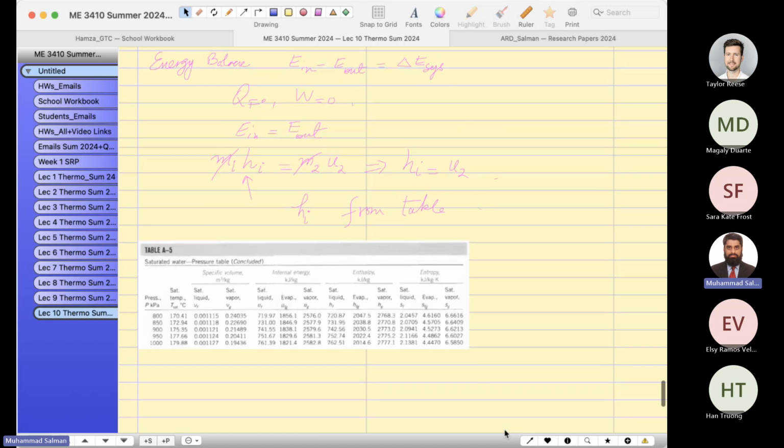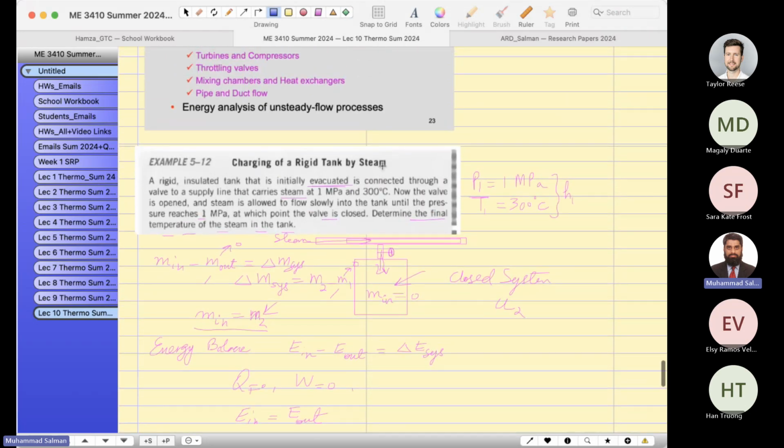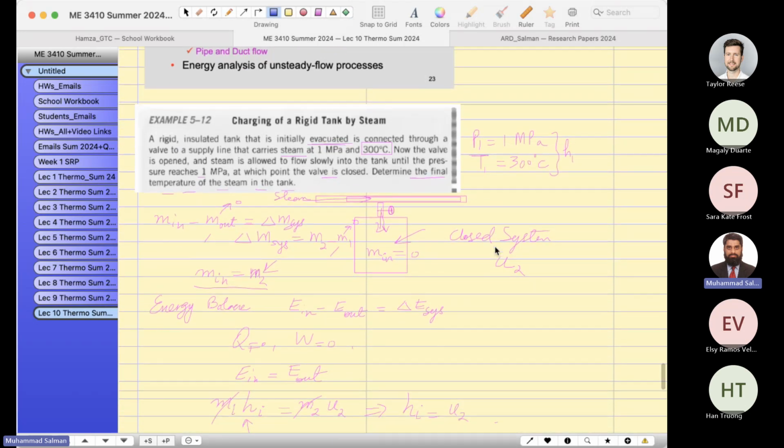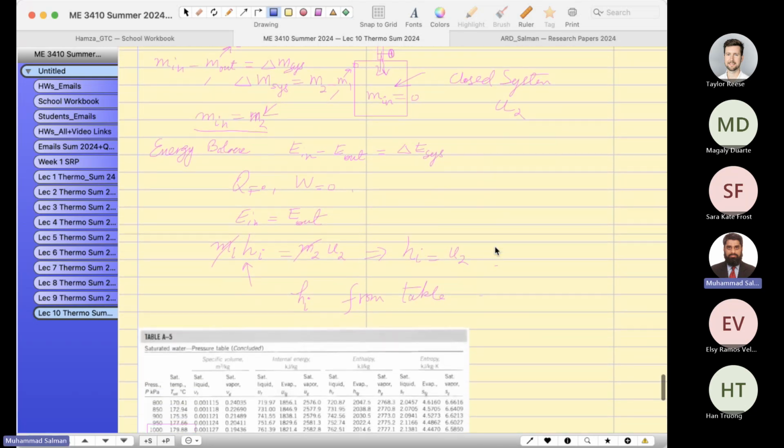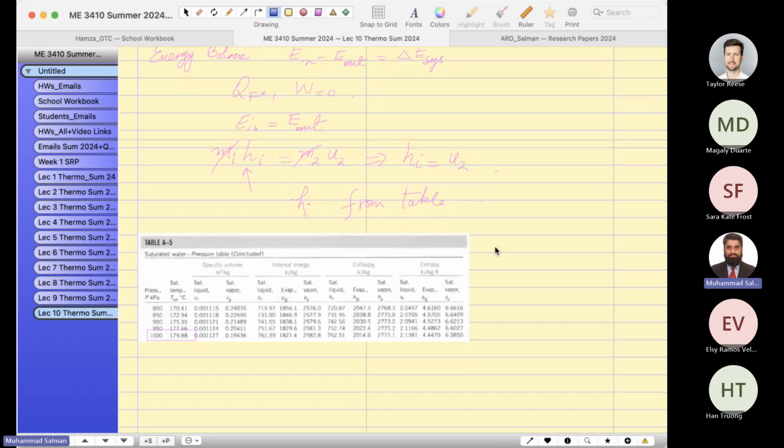Now you will tell me that at 1000 kilopascal, the boiling point, or the saturation temperature, is 179, but our temperature is 300 Celsius. So what state is it? What phase is the steam in? Is it liquid vapor, dry vapor, or saturated vapor, or is it a superheated vapor? What do you suggest, your professor?